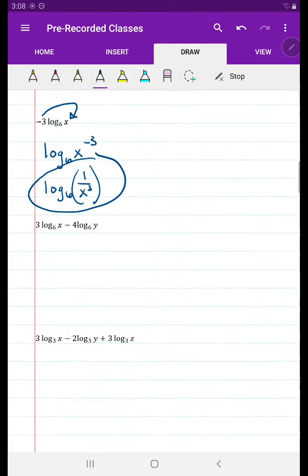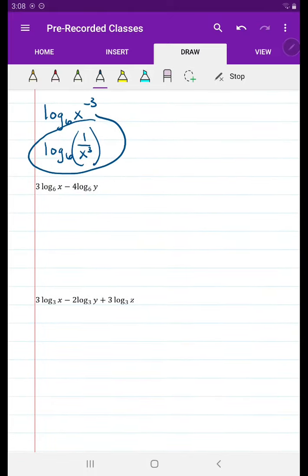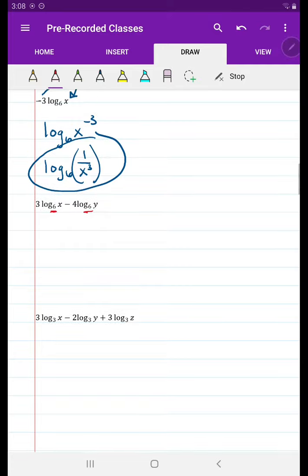Okay, so this next one has a bit more going on to it, but that's okay. The first thing that's good for us is that our bases are both 6. Our bases are the same, so then that means that we can combine things. And the first thing I'm going to do is take these coefficients in the front. I've got these coefficients of 3 and then of 4. I'm going to take those and turn them into my exponents on the arguments.